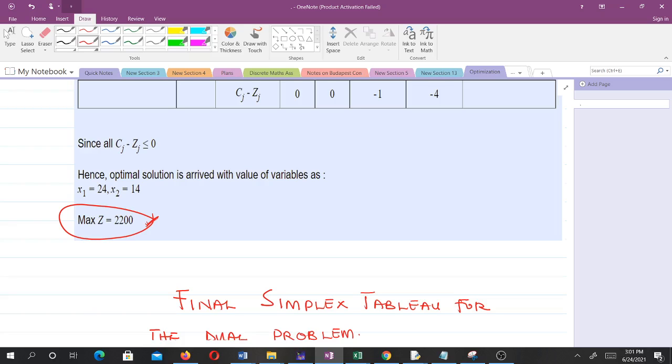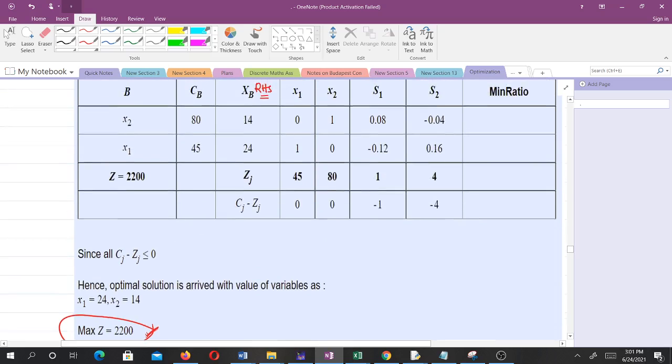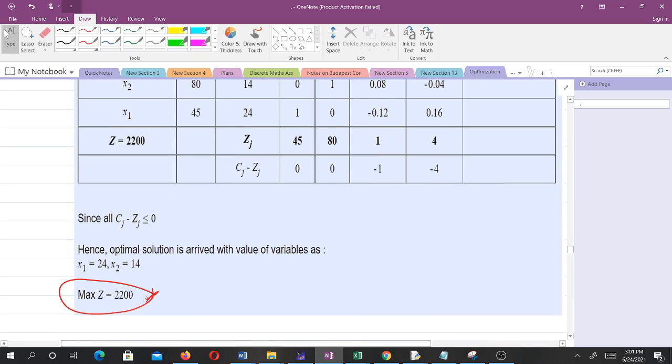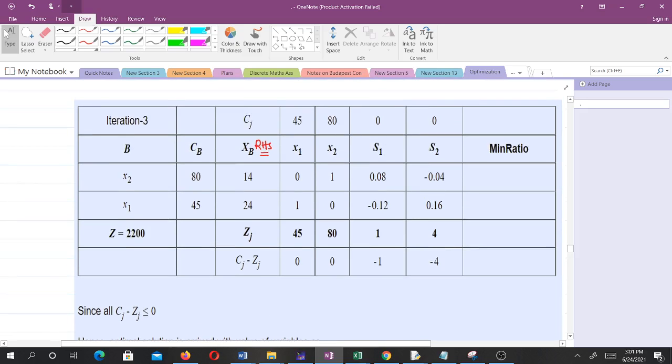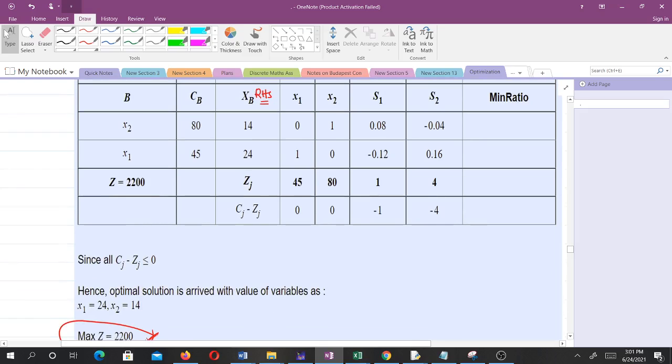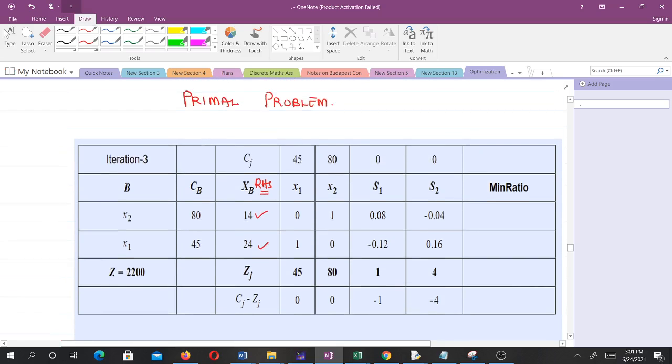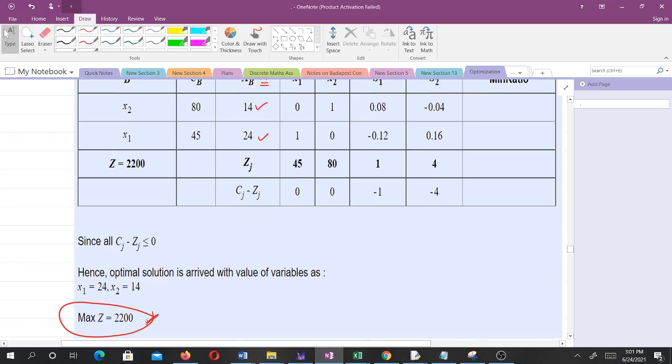All right, so you could see that x1 was 24 and x2 was 14. This is from the primal problem. So when we go to the dual problem, let's see how we are going to locate that.